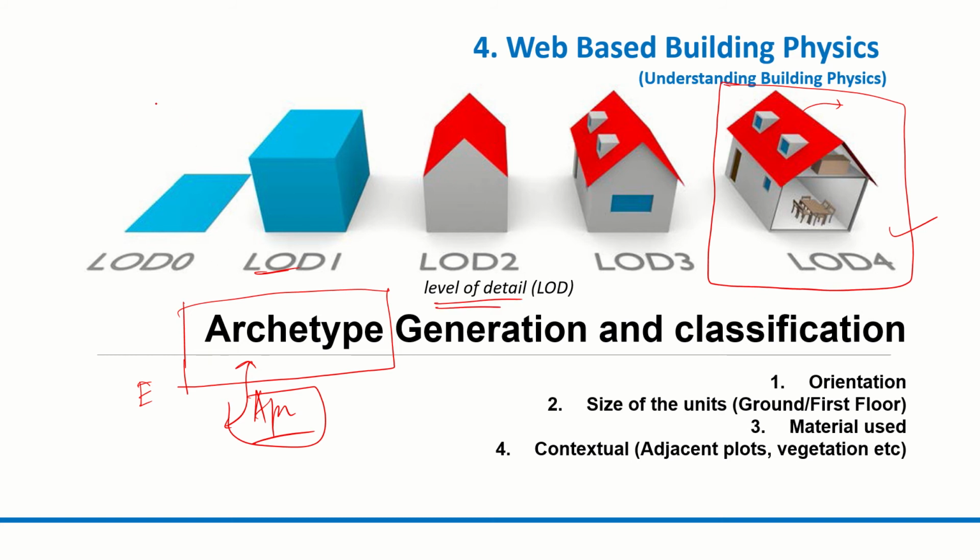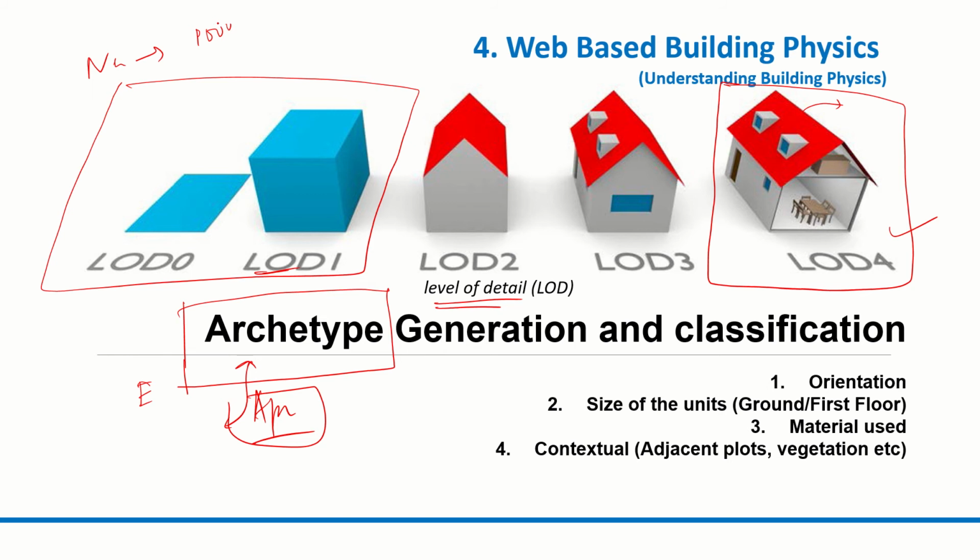Let's say we are interested in analyzing a neighborhood, and that neighborhood has, let's say, 1,000 buildings. Can we sit and simulate, model all the buildings like this, and then arrive at the performance of each building, how individual buildings are performing, and so on?